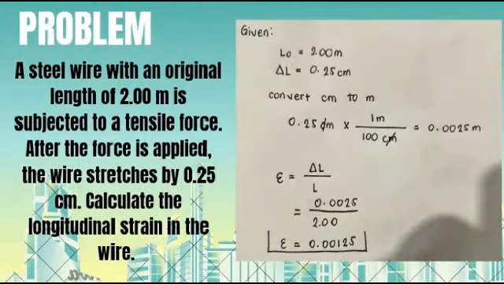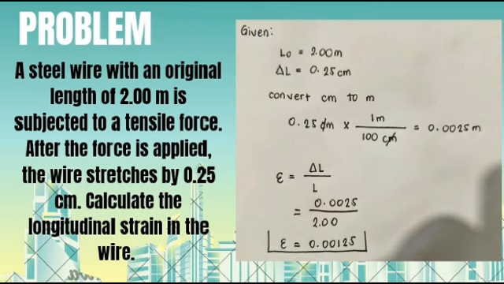Let's move to the second problem. A steel wire with an original length of 2.0 meters is subjected to a tensile force. After the force is applied, the wire stretches by 0.25 centimeter. Calculate the longitudinal strain in the wire. This will be the solution. List the known values and ensure they are in consistent units.